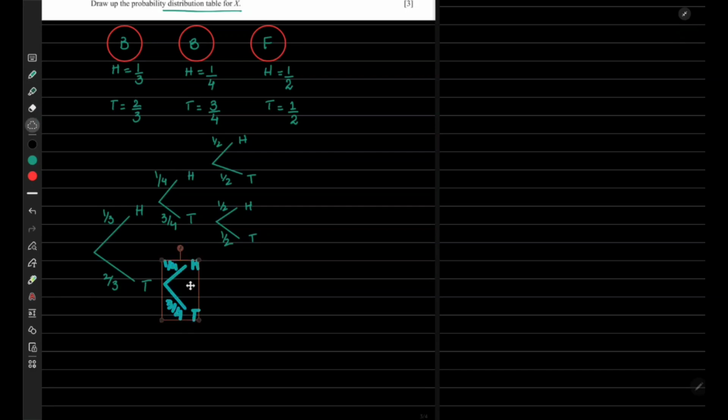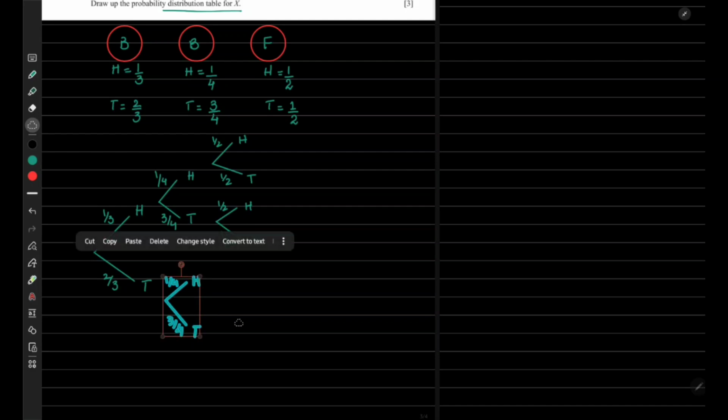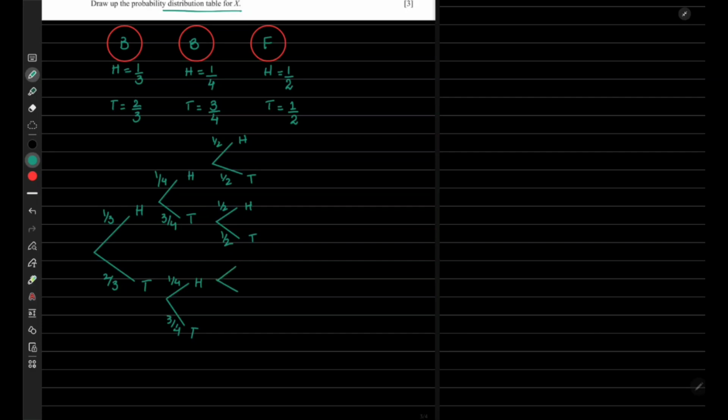For the lower branches also, we will have a head or a tail, and the probabilities are the same, 1/2, 1/2 for each.